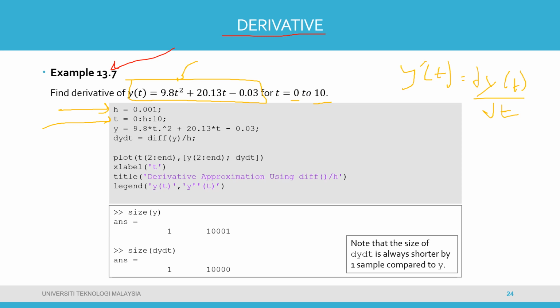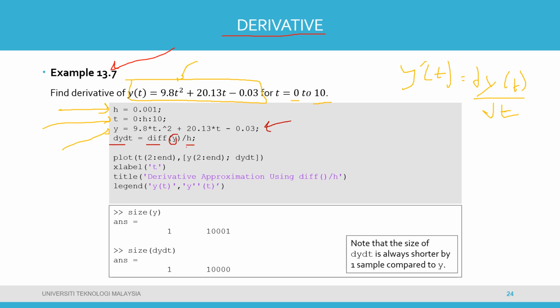And then you write the function here, and lastly, sorry, my mouse. dy/dt is basically the differentiation of the function y, which you already calculated, and you have to divide by the interval. Make sure you don't forget to divide by the interval.